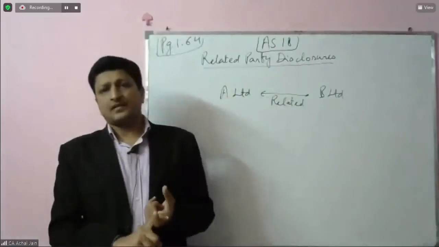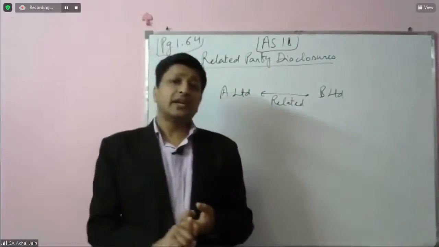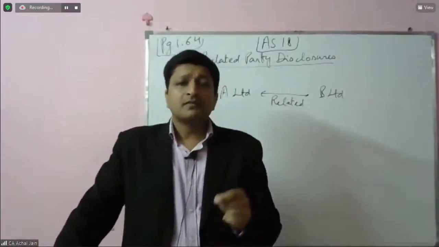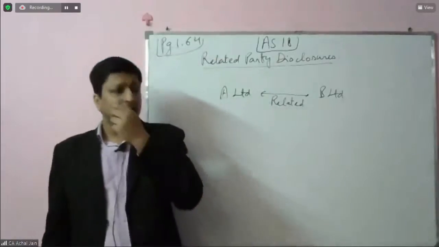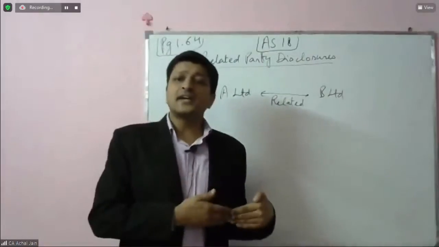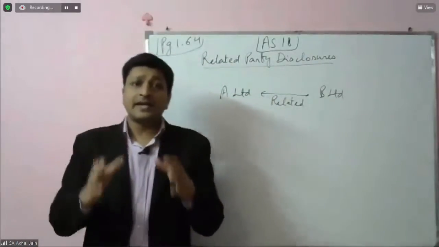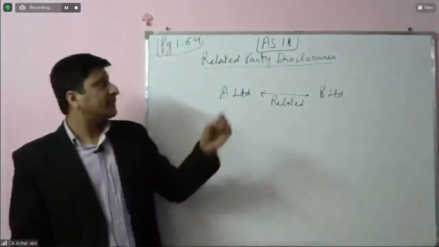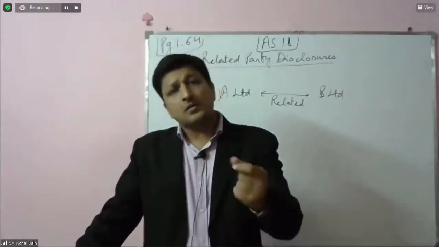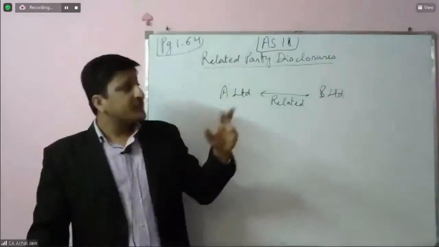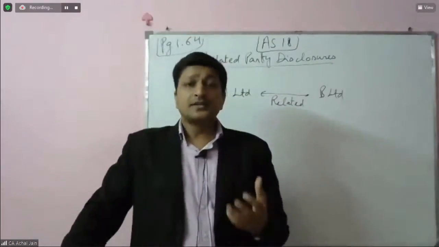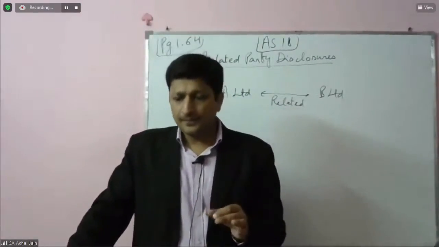If you talk about Companies Act, there is a specific provision in relation to related parties. If you talk about income tax, there are specific provisions in relation to related parties in the form of associated enterprises. Under accounting standard, we have a separate detailed accounting standard which is dealing with related parties. Under auditing standard also there's a separate standard which deals with related parties. So you can now understand the importance of this area.